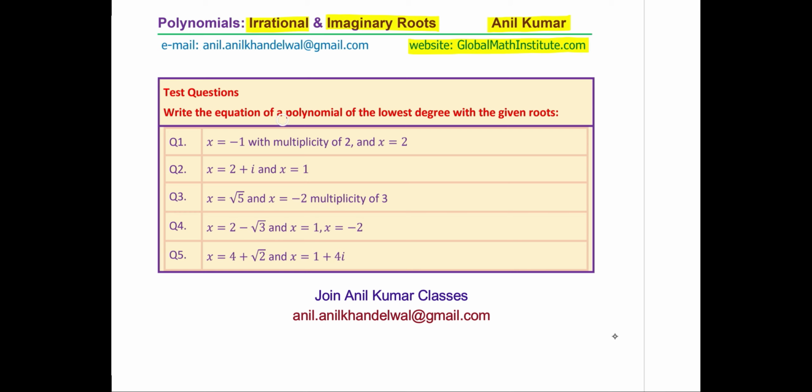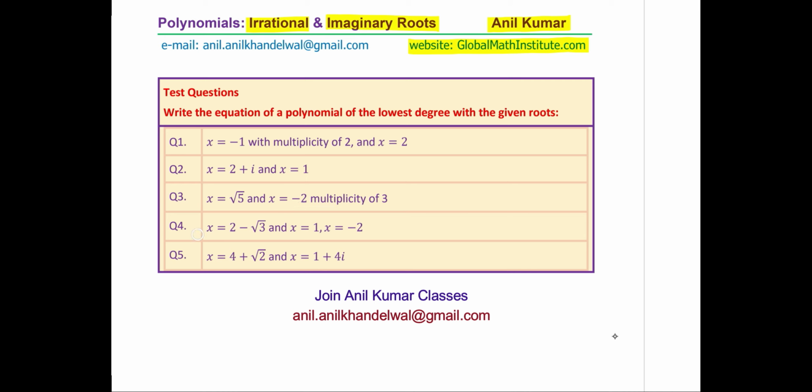Write the equation of a polynomial of the lowest degree with the given roots. In question 1, we are given roots as x equals to minus 1 with multiplicity of 2 and x equals to 2. Question 2, x equals to 2 plus i and x equals to 1. Question 3, x equals to square root 5 and x equals to minus 2 with multiplicity of 3.